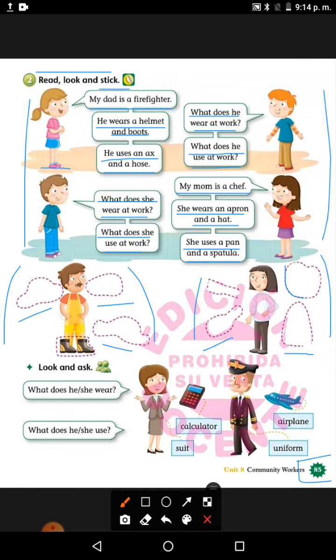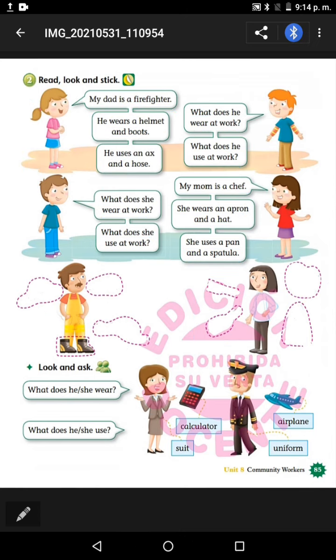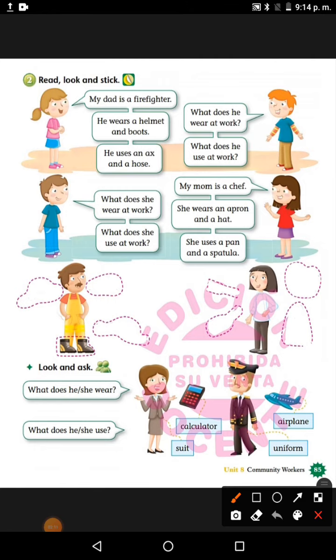Now I want you to pay attention to this. Look at the first question in the first dialogue. This boy says, "What does he wear at work?" Here we are talking in present simple and we are using the auxiliary does in the question, okay?